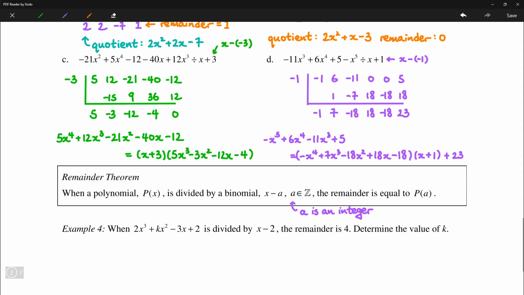So if we just need the remainder, we can simply substitute whatever value of a in x minus a we're dividing by into the polynomial, and we can find the remainder that way instead of actually having to divide.